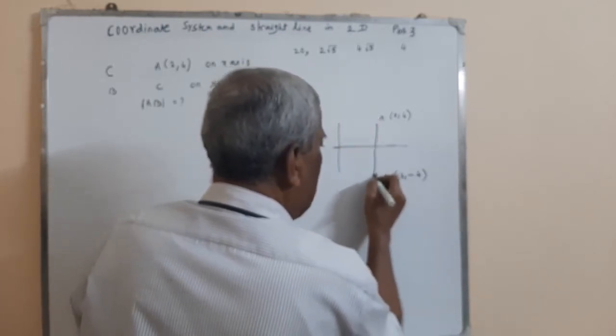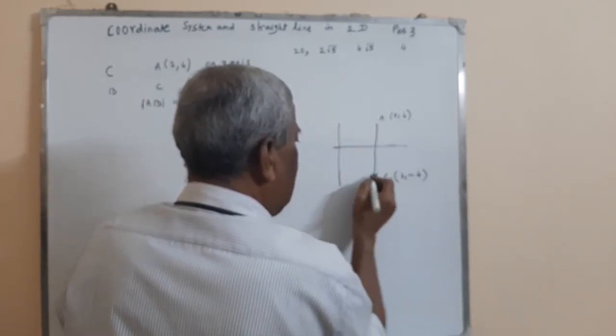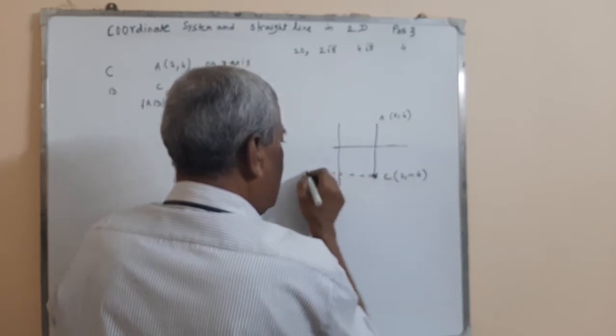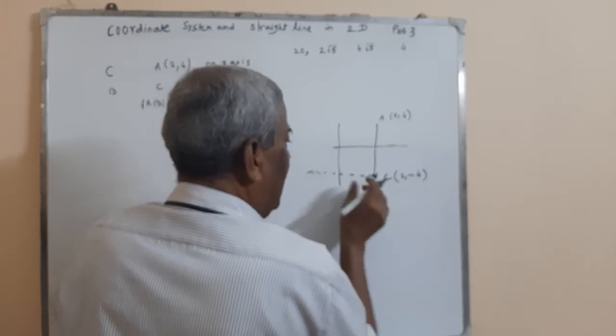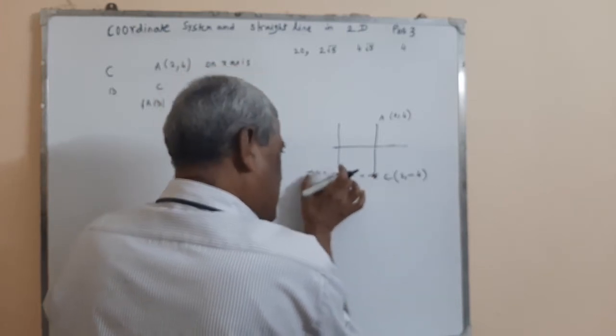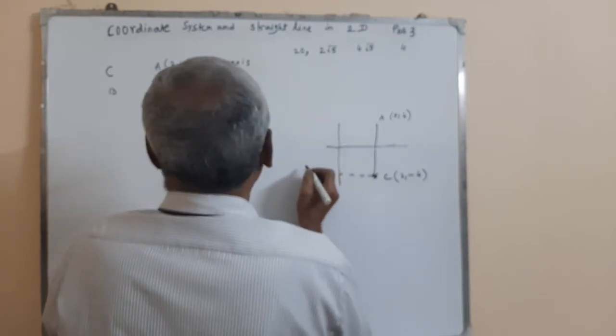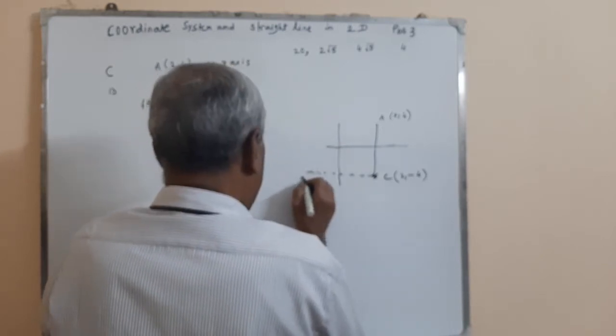Similarly, if this point is C, its reflection on y-axis, this distance will be equal to that distance, and it is B given.